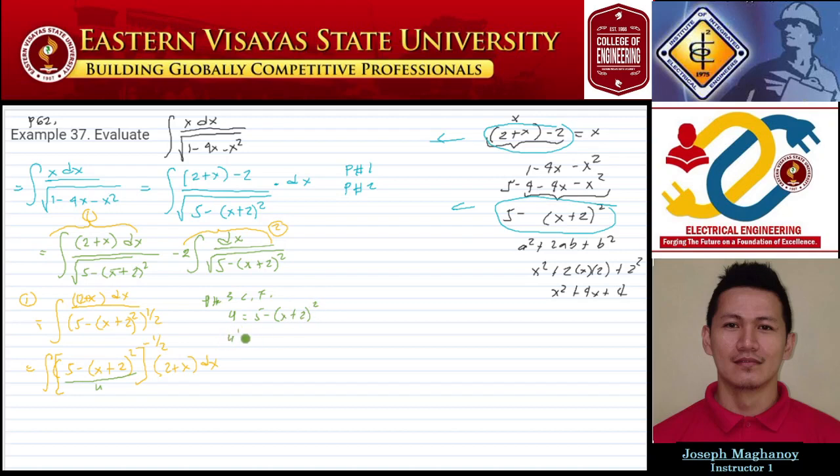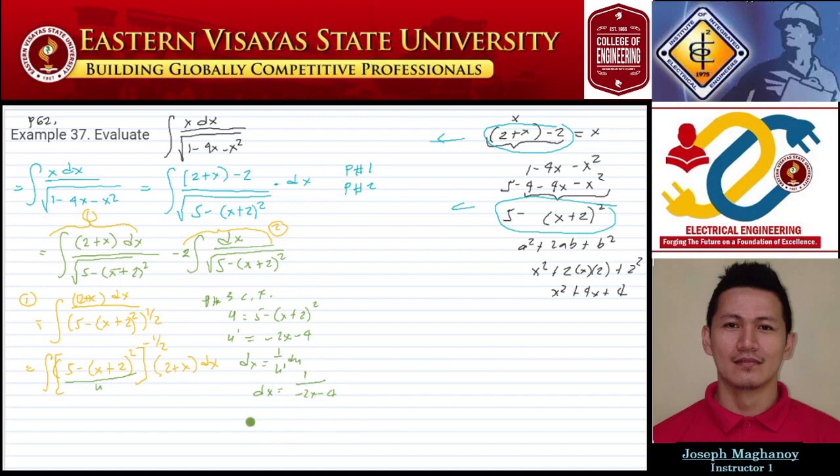Doing the first derivative, the remaining is negative 2x, distributing the negative 4, negative 2x minus 4. So our du is the first derivative, that is dx is 1 over negative 2x minus 4.